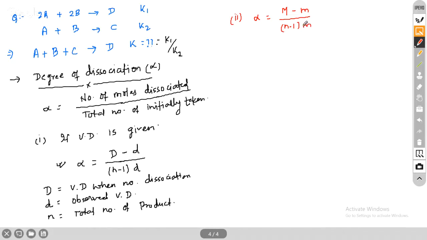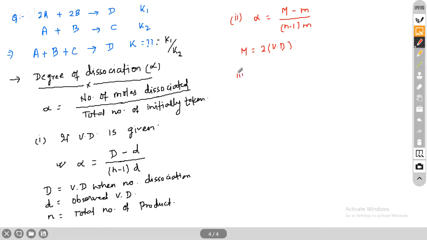Again, small m is the observed molar mass, and capital M is the given molar mass when there is no dissociation. Molar mass equals 2 into vapor density, so multiplying by 2, 2D becomes M and 2d becomes small m. That is the formula we have.